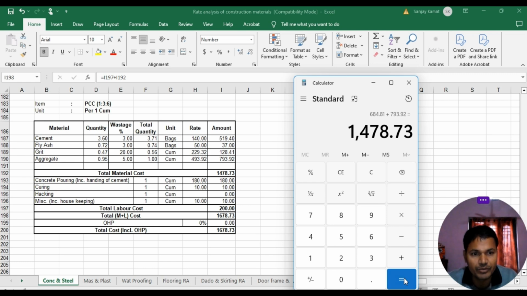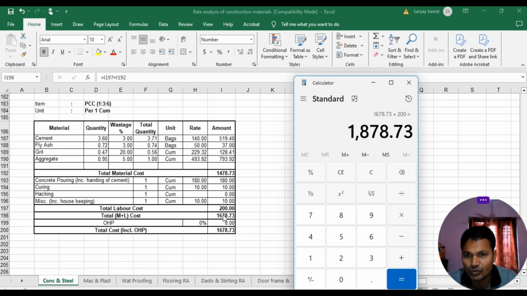Okay, so from here now, 1478.73 plus 180 plus this 10 and this 10, which will be 20, plus 200. So how much? We have to edit this value.